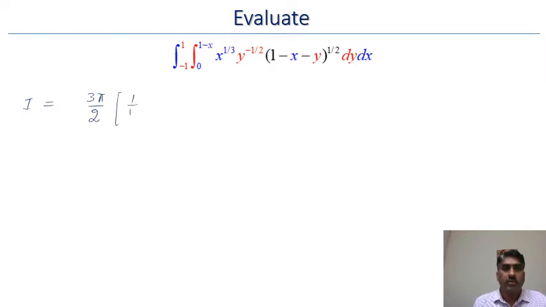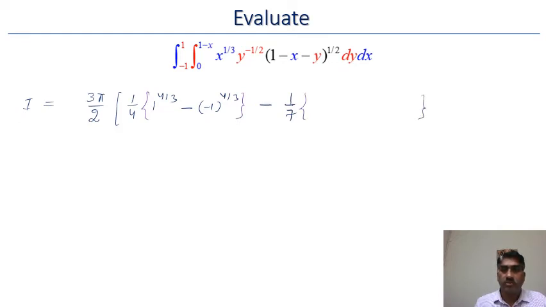1 by 4 times (1 to the power 4 by 3 minus (minus 1) to the power 4 by 3), minus 1 by 7, and let me draw this curly brace so that it will be easier for you to connect. This is a curly brace, and again this is a curly brace.